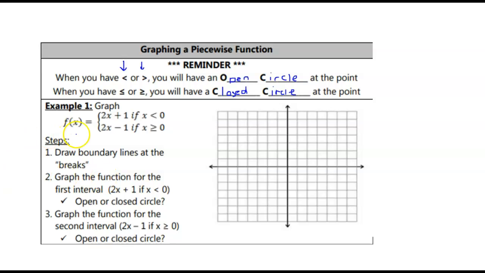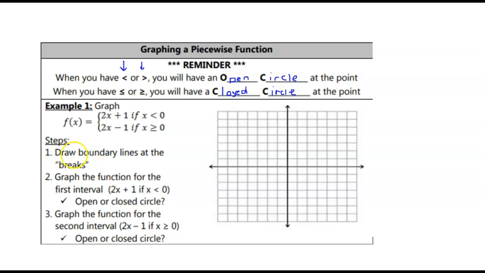Okay, so below I have an example of a piecewise function, and today we're only going to focus on piecewise functions that are linear. So everything we see will be a line. It's only going to be a line. We're going to go through the steps of graphing a piecewise function, but I want to make a couple edits in our steps.